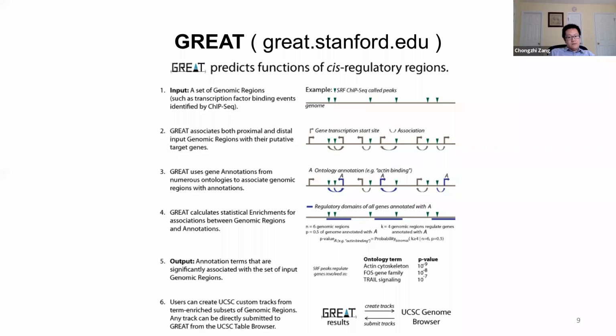That tells you what percentage of the peaks in your ChIP-seq data are located close to a transcription start site, meaning close to a promoter, or in distal regions, far from any transcription start site. It can also give you a list of annotations of what other transcription factors possibly bind in the same regions as your ChIP-seq peaks, and what the likely functions of these regions are, especially for regulatory regions.